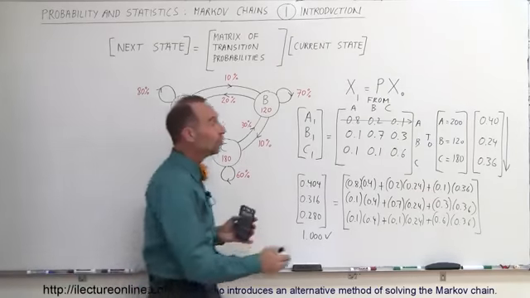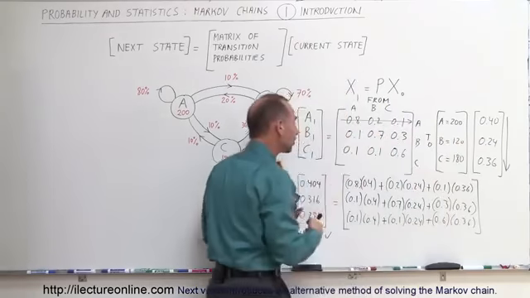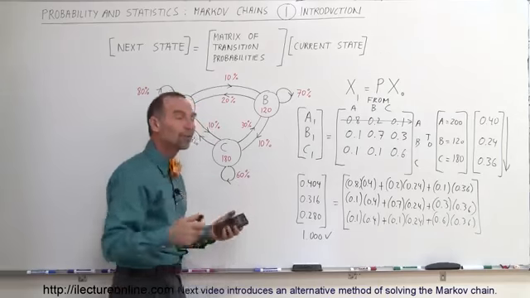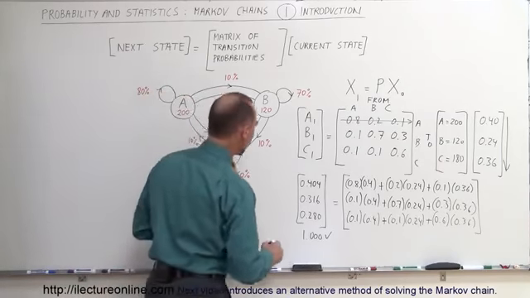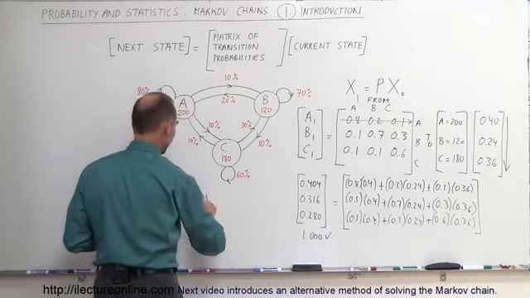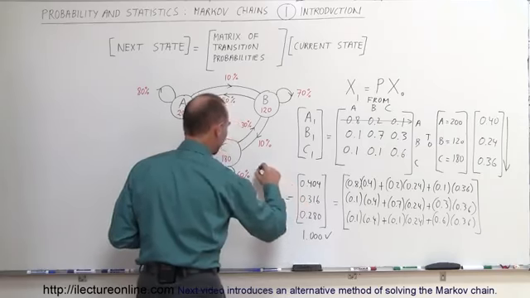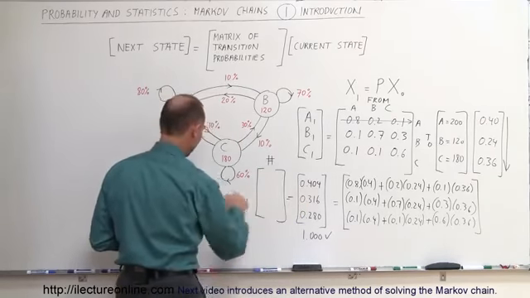Now, if instead of using the decimals, you had used these numbers right here, you could have done the whole matrix exactly the same way. And instead of getting decimals here, you would have gotten the number of customers in each case. Or you could simply say that I know that the total of all the customers is equal to 500. And so therefore we can say that if we want the number of customers, I multiply this times 500.